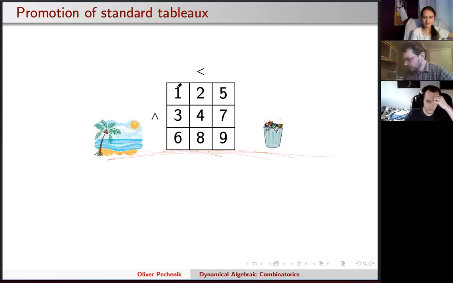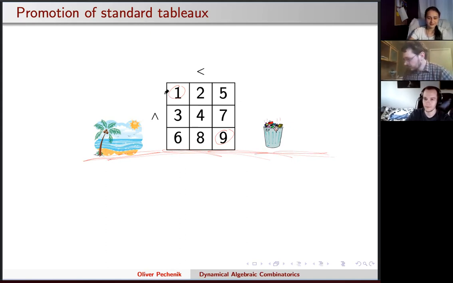So person number 1 is the CEO, and person number 2 is like vice president of something. Person number 3 is vice president of I don't know what else, and person number 9 is some kind of co-op person. On one side, this building has a beautiful view of the beach, and on the back side, a beautiful view of a dumpster.